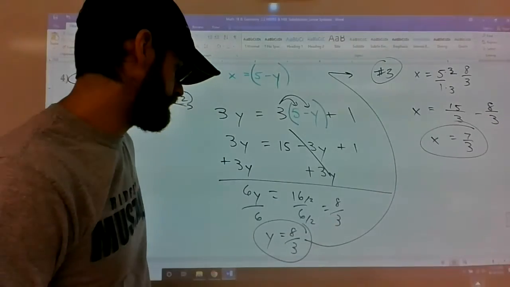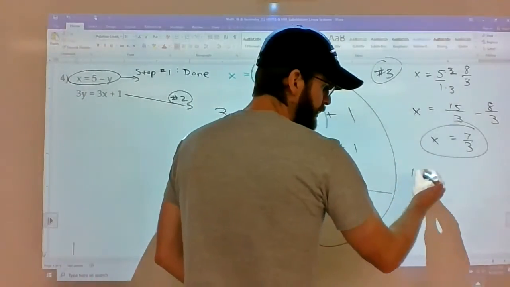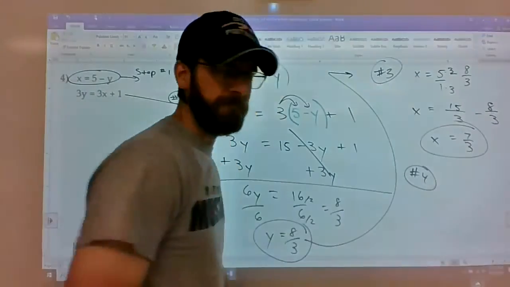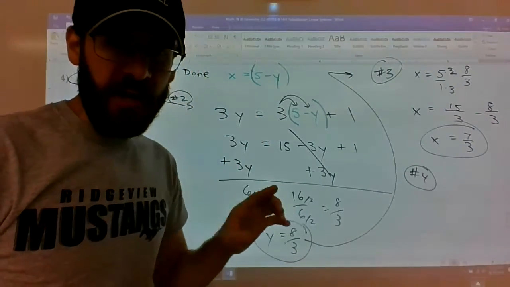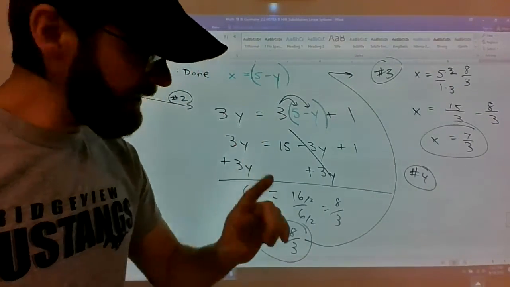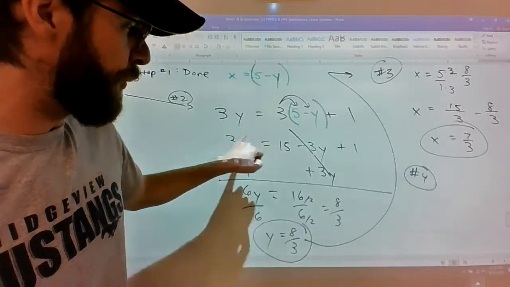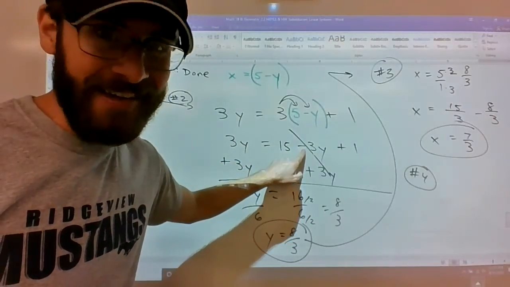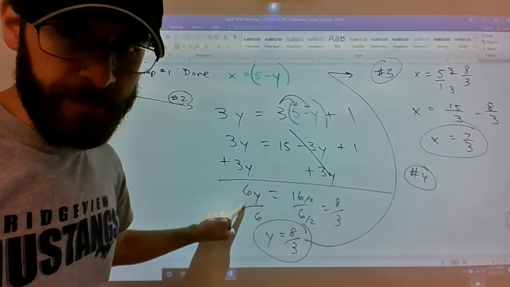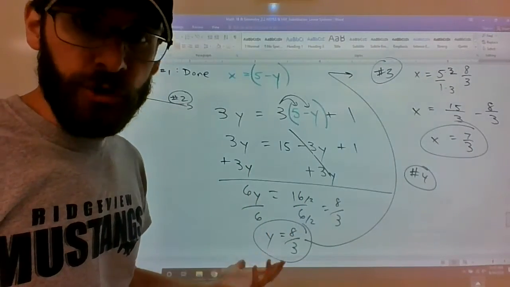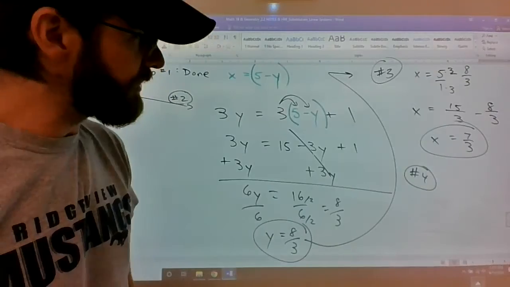So when making a conclusion, this is kind of tricky because, one, you see the same variable value on both sides. One's positive, one's negative. It's not a special case. It becomes an actual numerical value. You get a number answer.